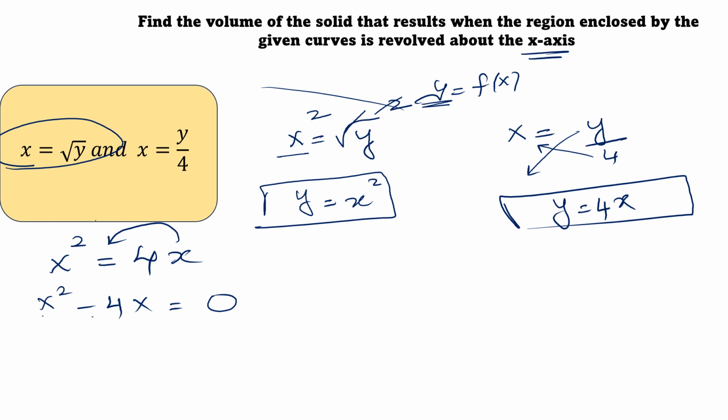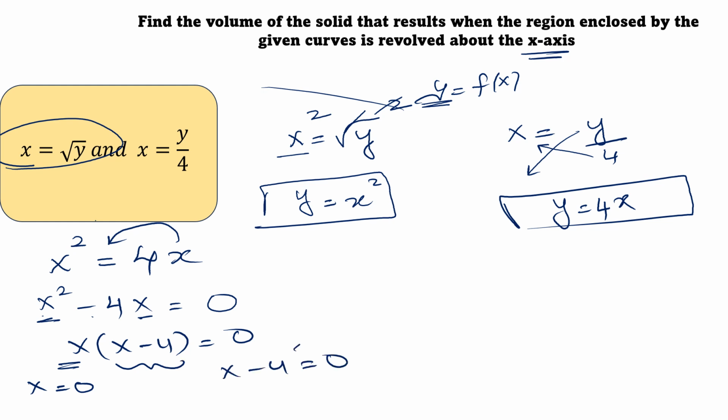But if you are doing it manually, you will take the x common. What is left? x minus 4 is left. One time make x equals 0, and one time the second factor x minus 4 equals 0. Bring the -4 to the other side. You will get x equals 4.